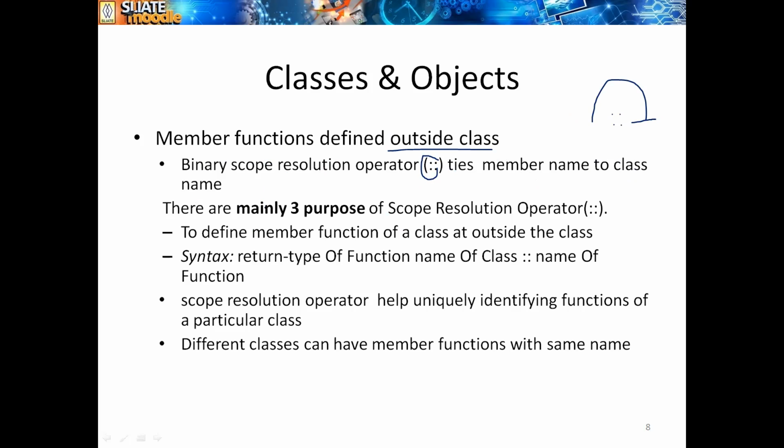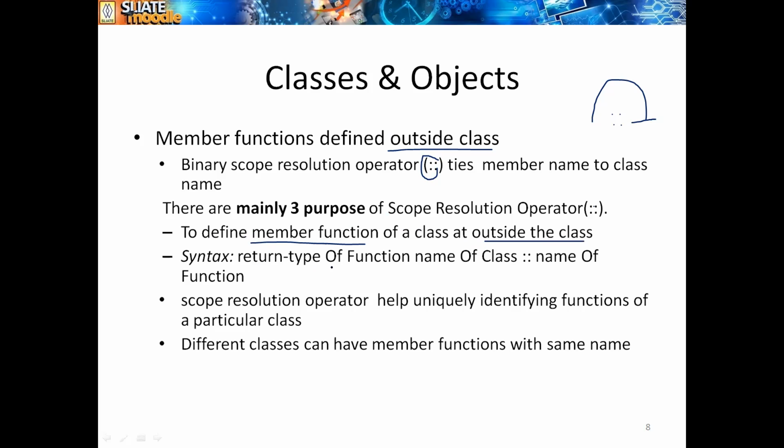There are mainly three purposes of the scope resolution operator. One is to define a member function of a class outside the class. We can declare a member function in the class, and then write the operation outside the class.